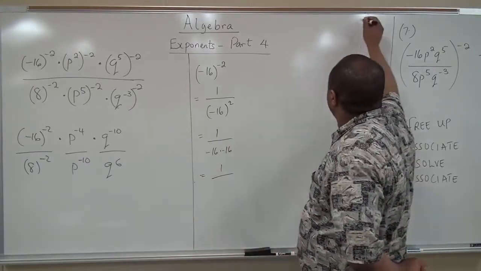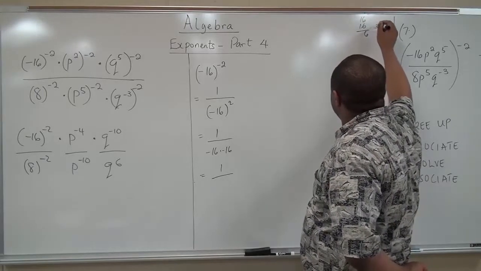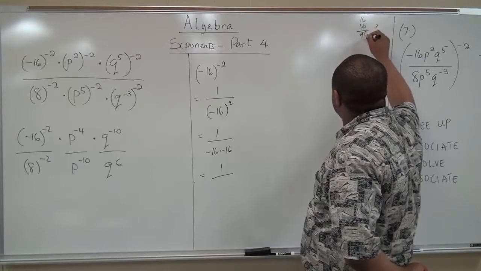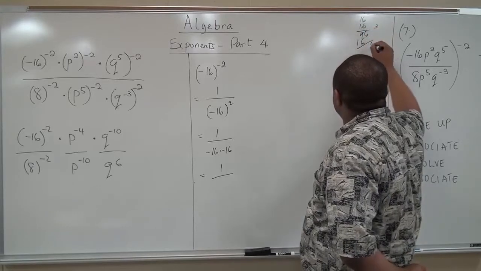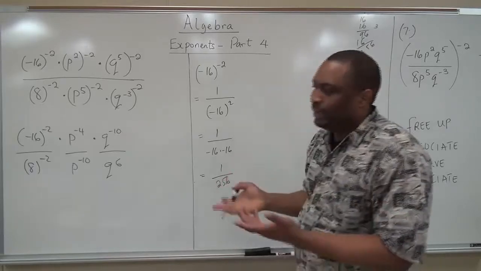What is that? 6 times 6, 36. 6 times 1, 6 plus 3, 9. 6, 1, 6, 5, 2, 256. Some people won't do it like this. This is just a method.